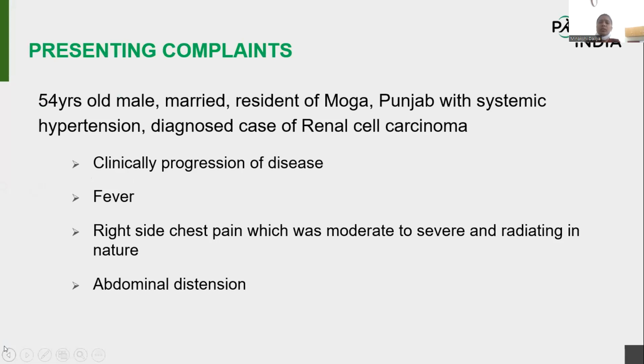He presented to us last time with clinical progression of disease, fever that was on and off, right side chest pain which was moderate to severe and radiating in nature, and abdominal distension.